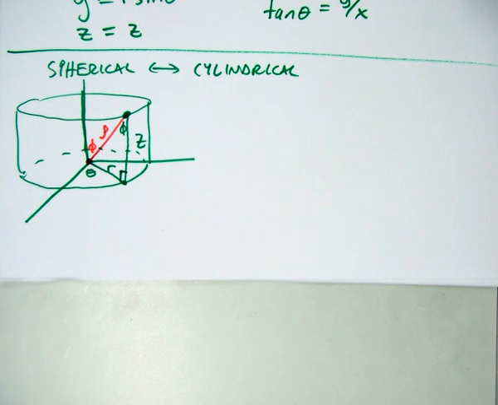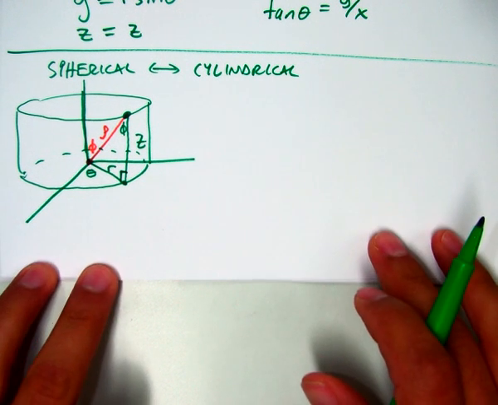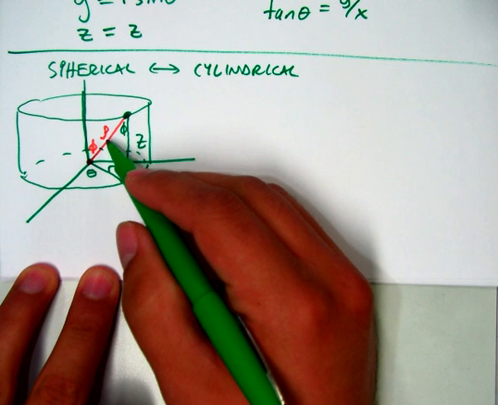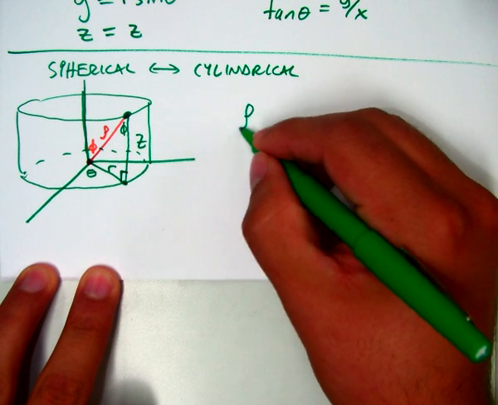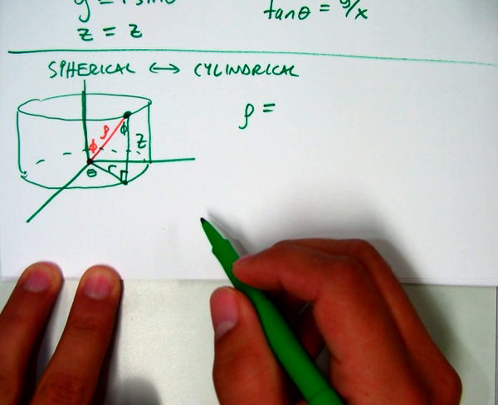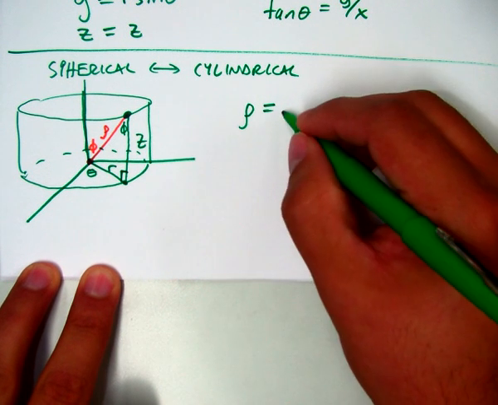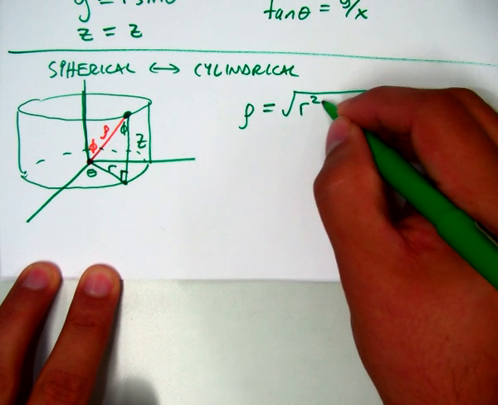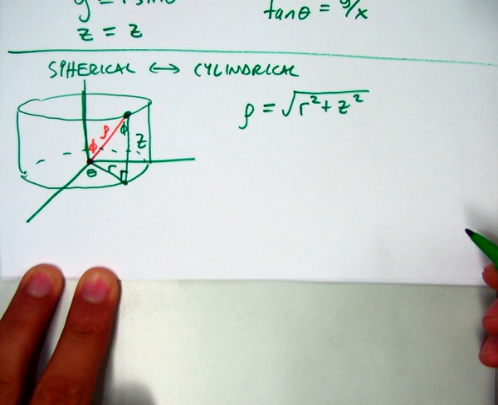And now we can find a whole bunch of relationships. For instance, the hypotenuse, rho, of this right triangle, do you see it? What are the legs? That'd be the square root of r squared plus z squared. So there's one conversion.